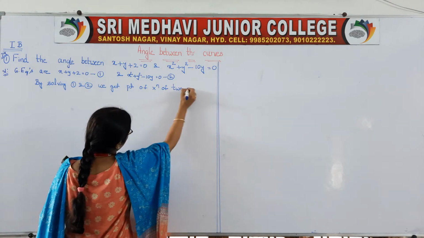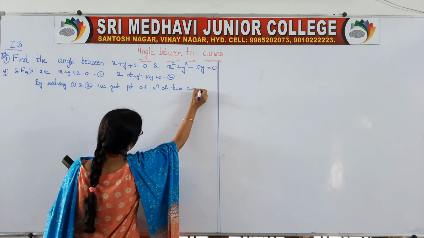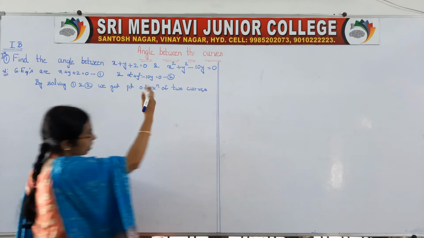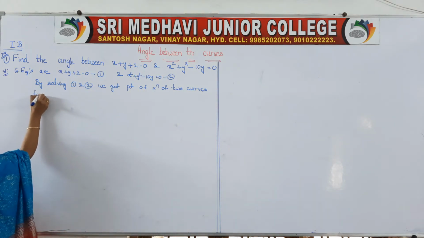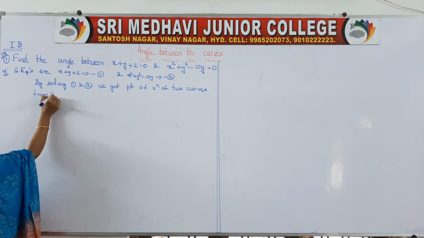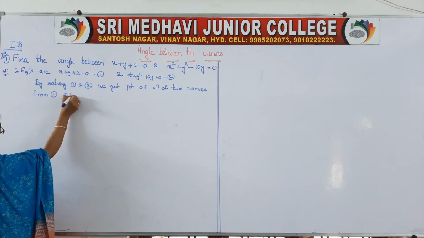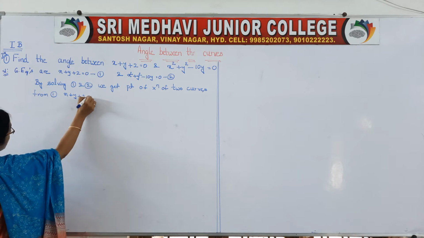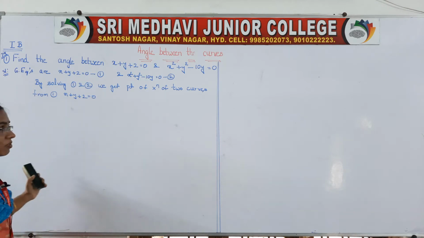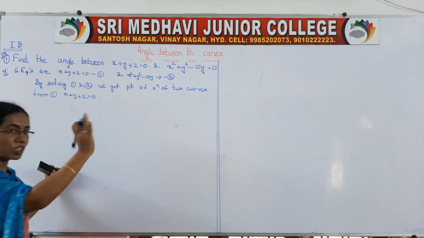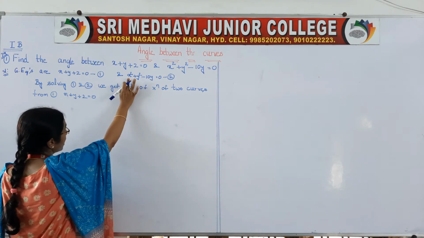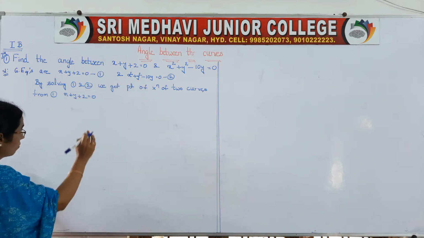So come on, first take equation 1: x plus y plus 2 is equal to 0. Observe your second equation: y square is there, y is there, y terms are more. So try to write x also in terms of y.